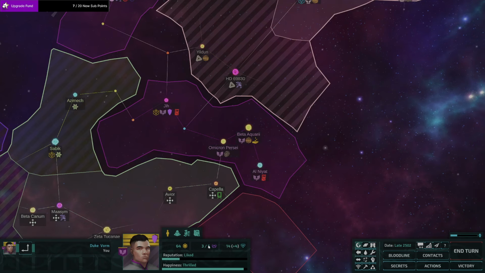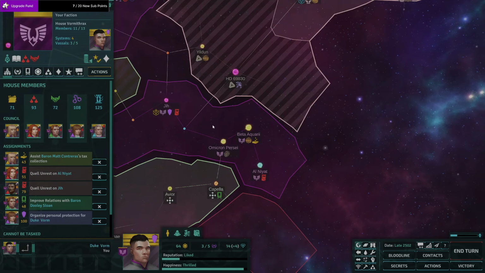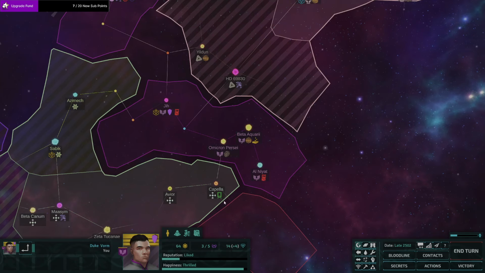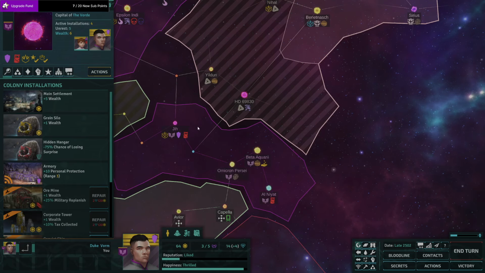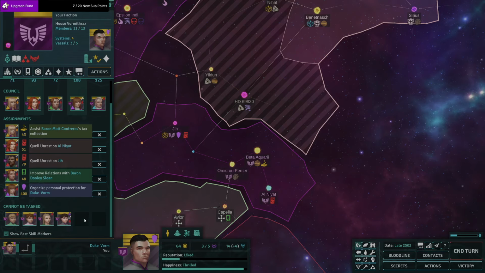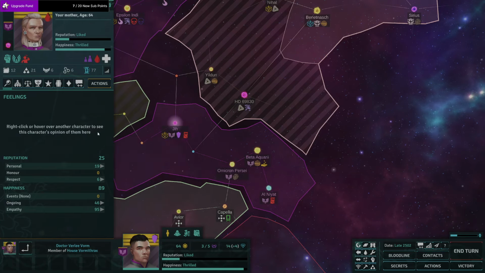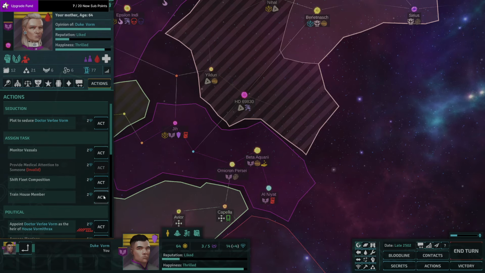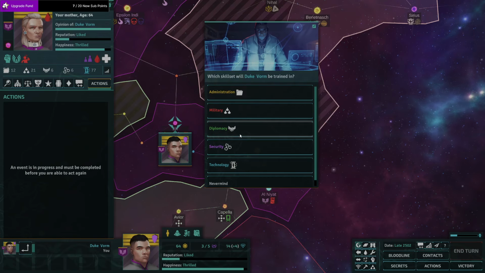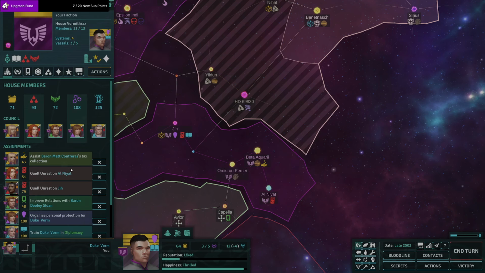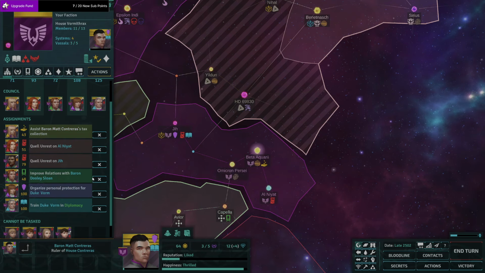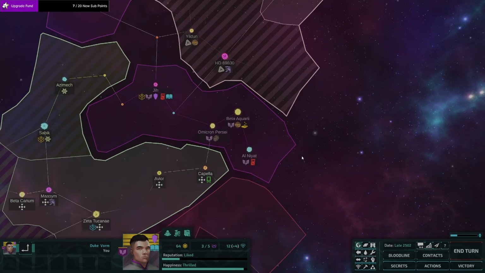All right, so we're still under our vassal limit, still under our family limit. I've got one person I can task. Just going to put her back on training duty for diplomacy. Nobody untasked: quelling unrest, tax collection, improve relations, protection, and train me in diplomacy.